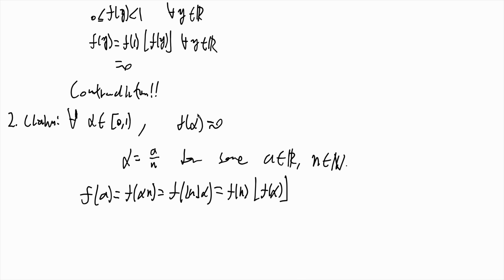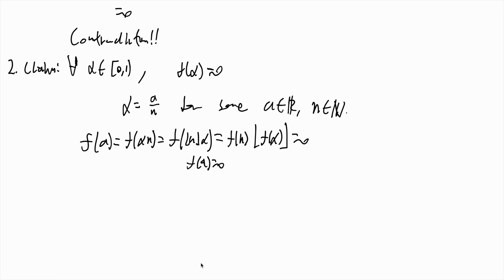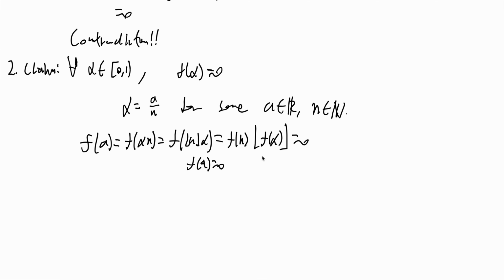this is true. Notice that for all n this equals 0, meaning f of a equals 0. But let's take a look at what a actually is defined as here.